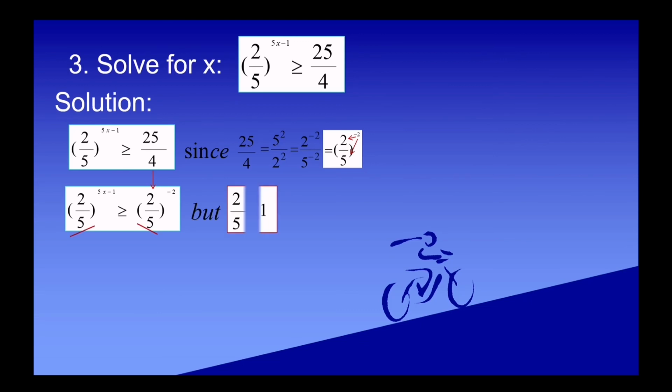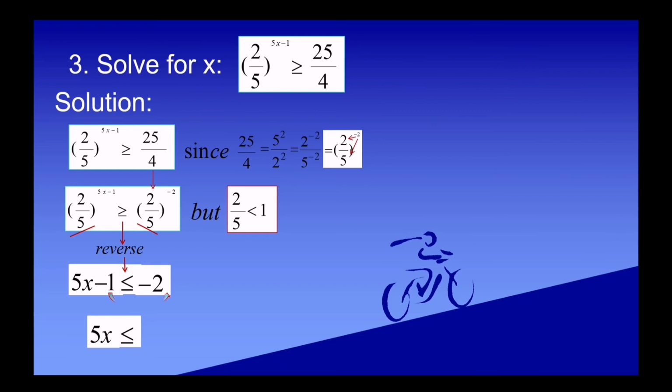Yan, so 2 over 5 is less than 1. Mas maliit yung 2 over 5 kaysa 1. So mangyari ito, there will be a reverse of the inequality sign. So baliktarin natin yon, ang greater than or equal into less than or equal. Then bring down all the exponent. 5x minus 1 is less than or equal to negative 2. Then 5x, transpose negative 1 to the other side, it becomes positive.